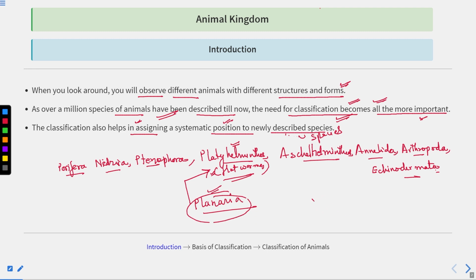Suppose you find an organism X. It is segmented and it is a worm, so you keep it among the segmented worms. When you open that organism, you see that it has a closed circulatory system.